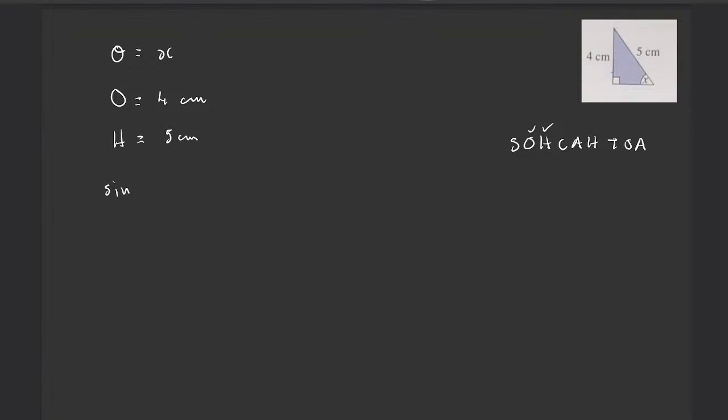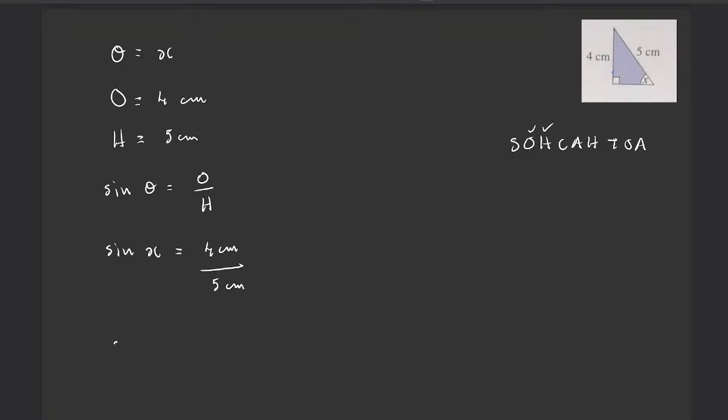So sine theta is equal to the length of our opposite divided by the length of our hypotenuse. So we can just jump right in there. Sine x, that's our angle, x is our unknown, is equal to the length of our opposite, 4 cm, divided by the length of our hypotenuse, 5 cm.